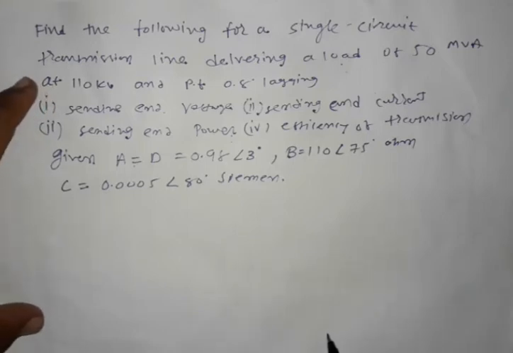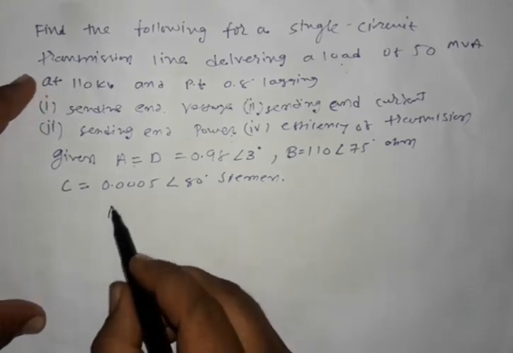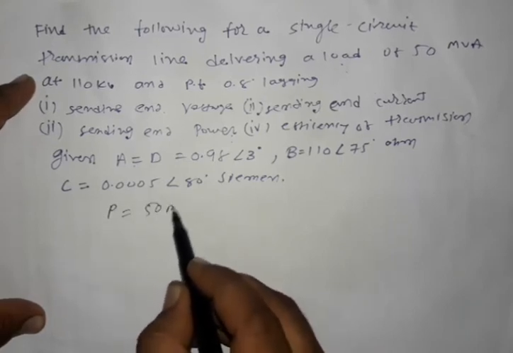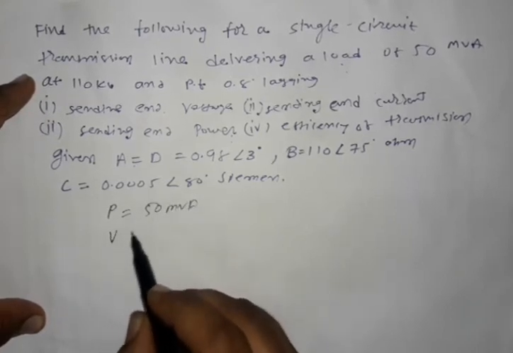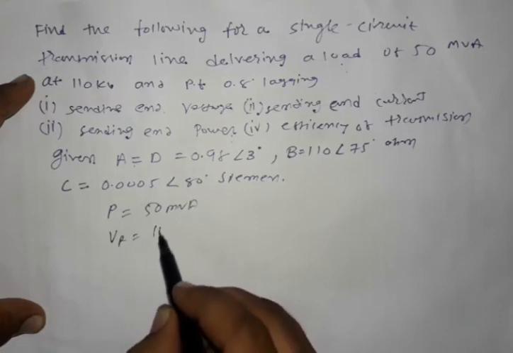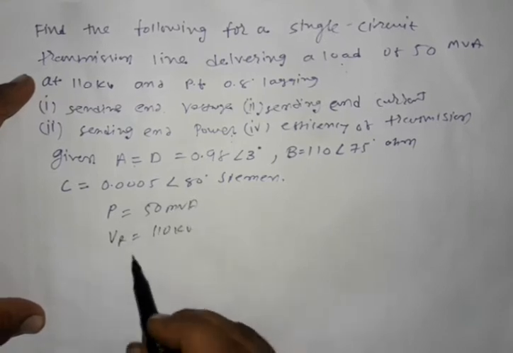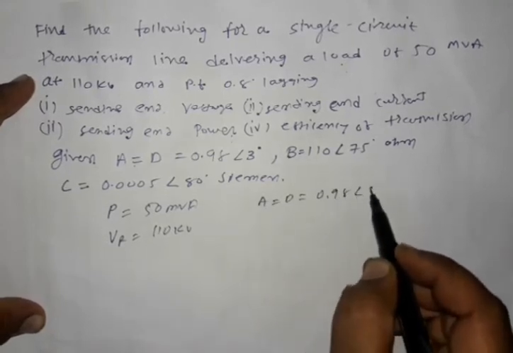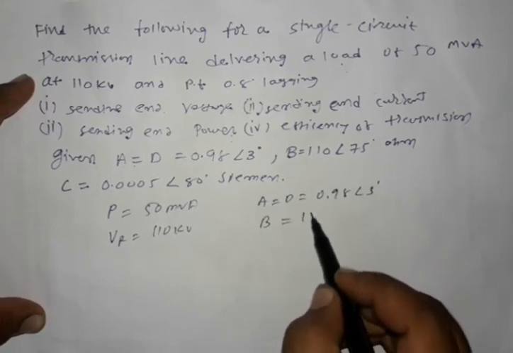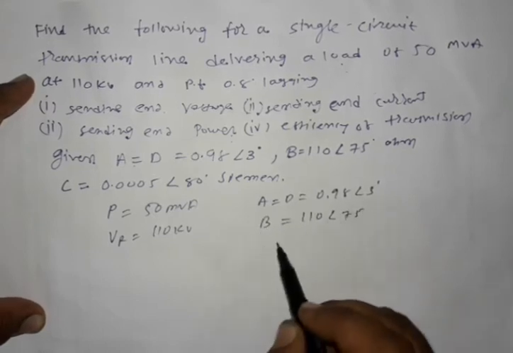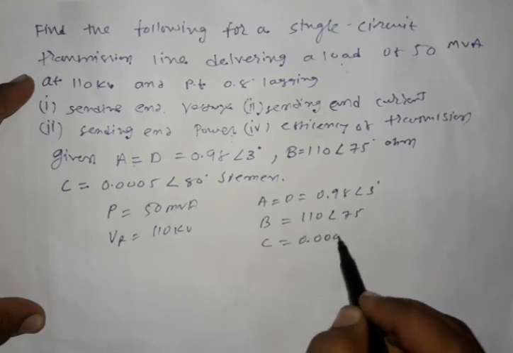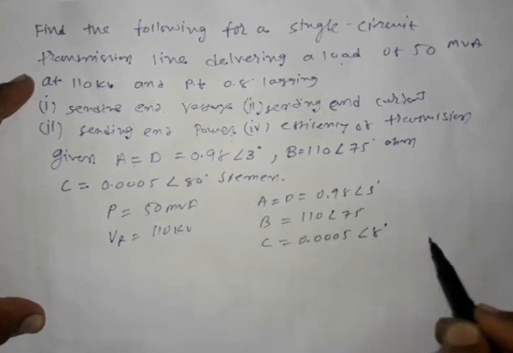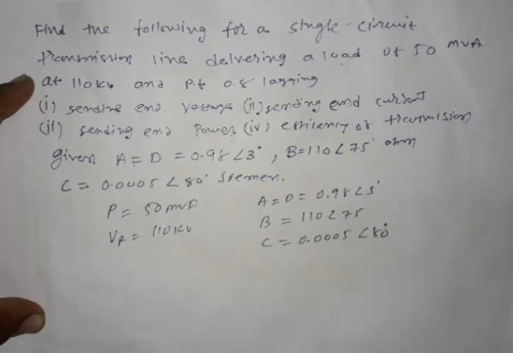First of all, in the given data we have power P, which is 50 MVA, voltage VR, which is 110 kilovolt, and the values of A and D, which are 0.98 angle 3, B equal to 110 angle 75, C equal to 0.0005 angle 80 degree, and also the power factor cos phi R, which is 0.8.